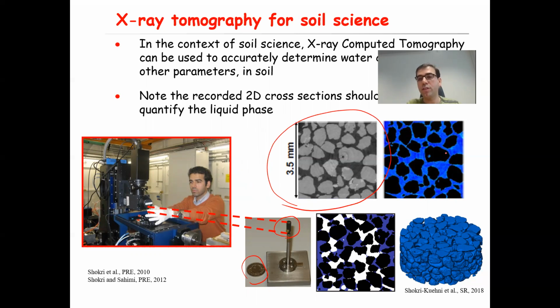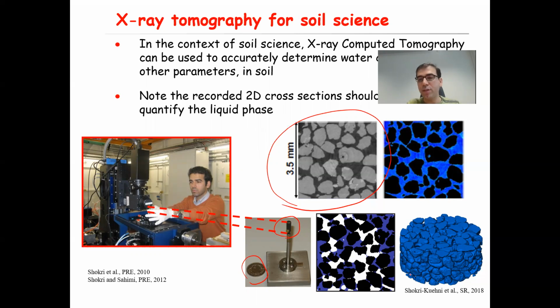You see here the blue color is the liquid phase, and the solid phase is the sand grain. When your experiment continues, part of the pores will be invaded by air, and then you can segment this image. The blue color is the liquid phase, white is the air phase, and black is the solid phase.